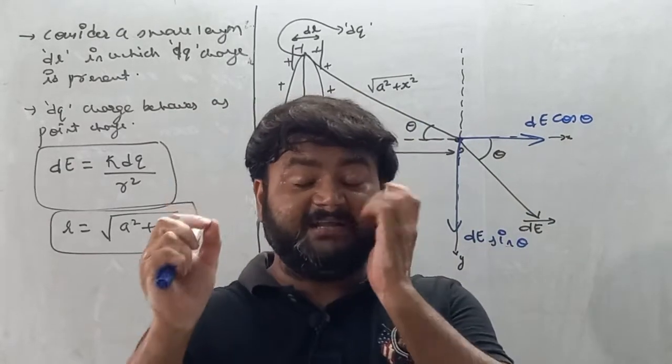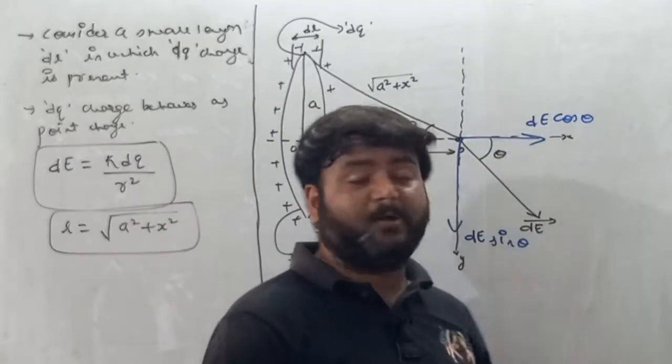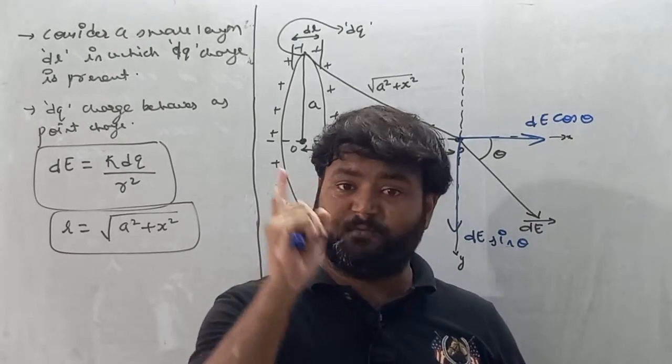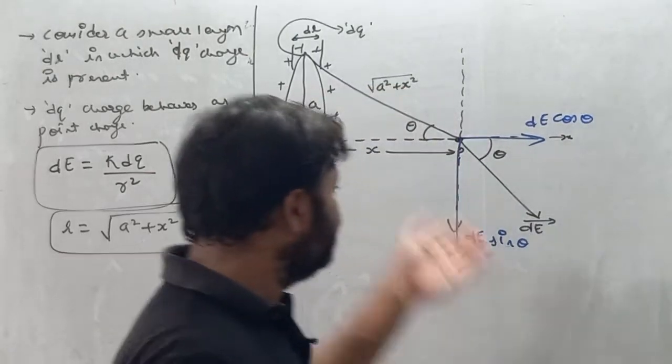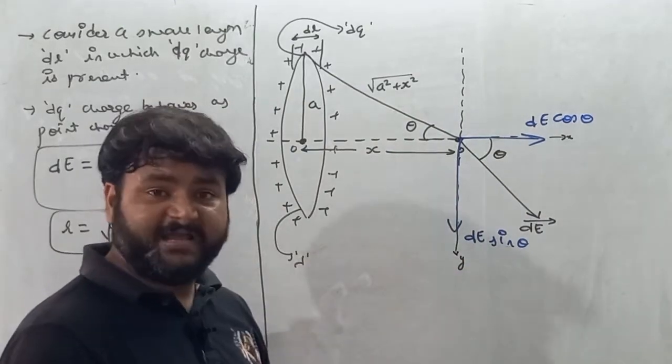The electric field at any point P is only along one axis. Either it will be on the x-axis or along the y-axis.